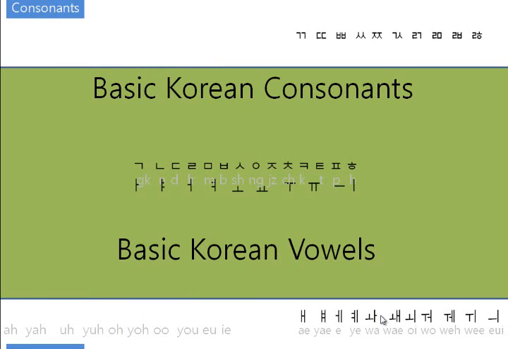We combine these consonants and vowels to make sounds, and that mixture of sounds creates words. So if you go over my lessons, you can learn the words and expressions or sentences, but it basically starts from this. Okay?